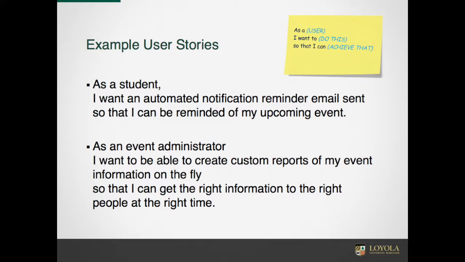As a student, I want an automated notification reminder email sent so that I can be reminded of my upcoming event. As an event administrator, I want to be able to create custom reports of my event information on the fly so that I can get the right information to the right people at the right time.